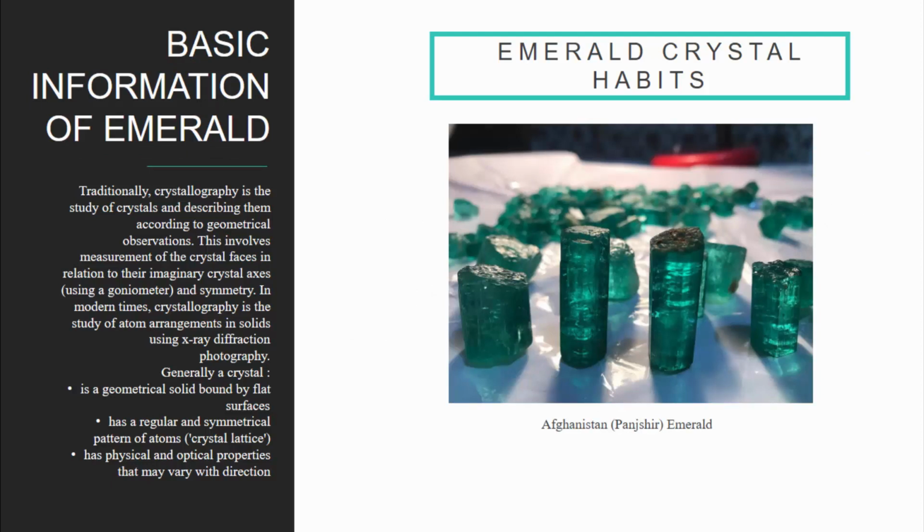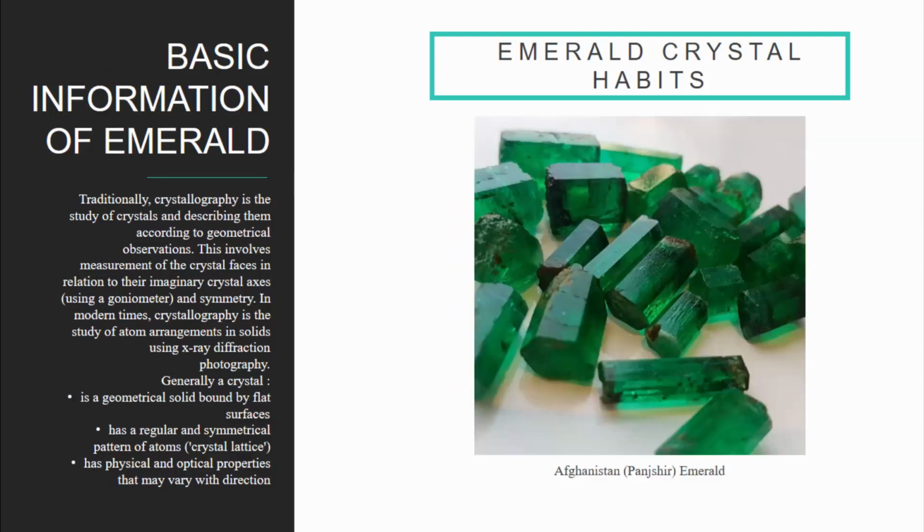In this picture you can see a sample of Afghanistan emerald whose shape is an elongated hexagonal crystal. This is another sample of Afghanistan emerald. And this is another sample.